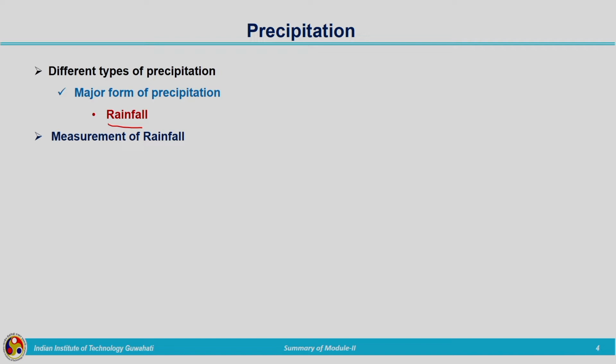So, it is very important to understand what is meant by fall velocity, and an expression also we found for that. If the fall velocity is more than the wind velocity, the droplets will fall down and we will experience precipitation.